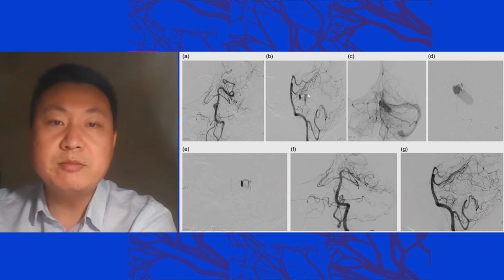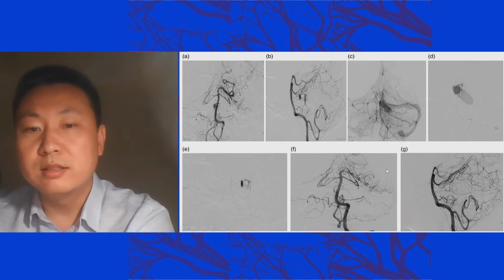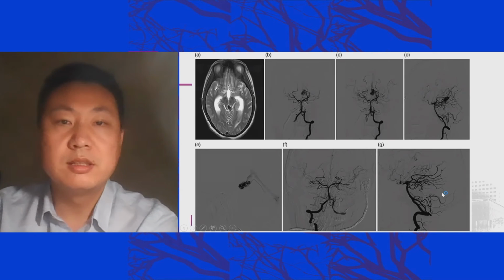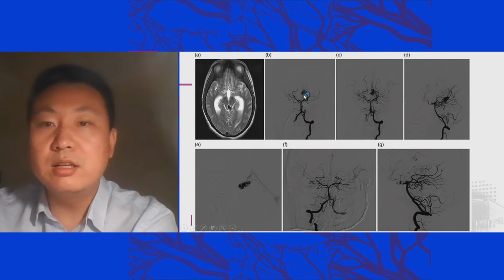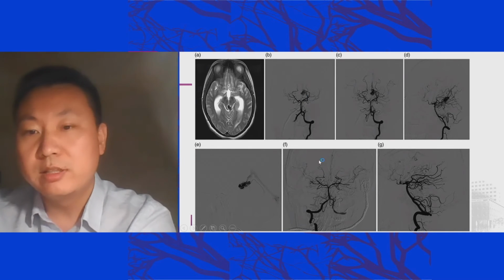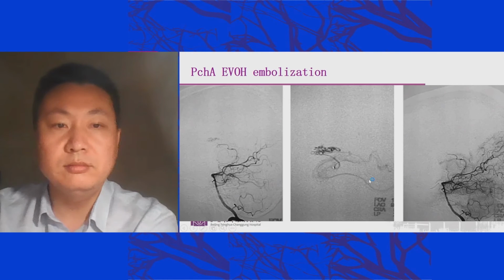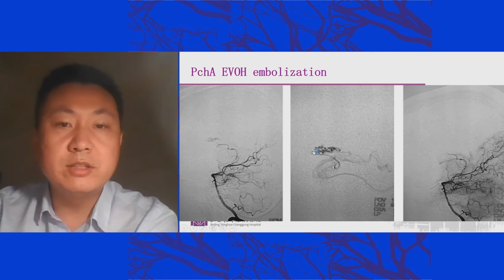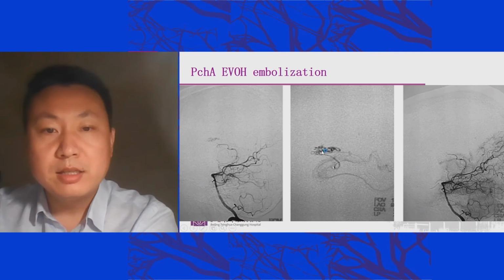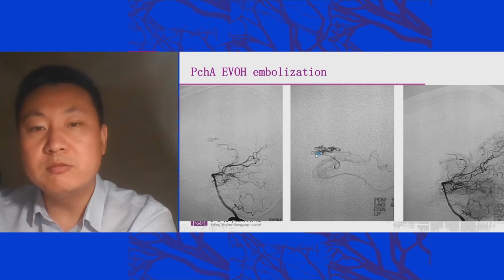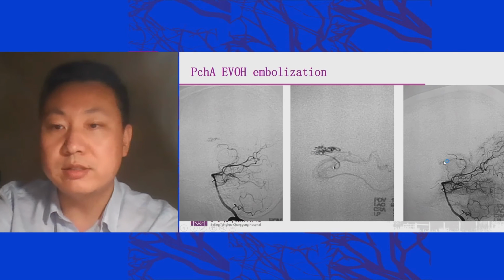Here is a brainstem AVM, completely occluded with Onyx. This is a superior cerebellar artery AVM, also completely occluded with Onyx. Here is a small AVM of the peri-callosal region. The patient presented with intraventricular hemorrhage, and the AVM was completely occluded with Onyx.